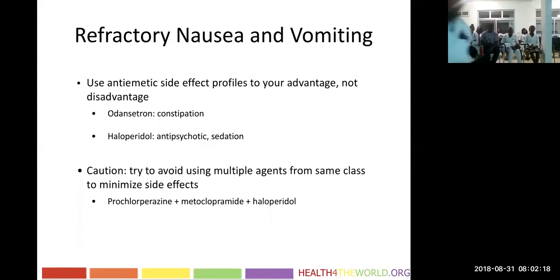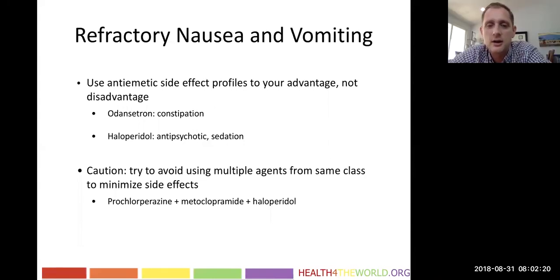Okay. And then the last piece, just as we were talking about. I would try to avoid using multiple agents all at the same time, and in general, increase the dose of one. And if it's not working and you have side effects, think about rotating to another one as opposed to adding them together. A great example would be if you're using prochlorperazine, or Compazine, which we use a lot in the US, and then metoclopramide and haloperidol.